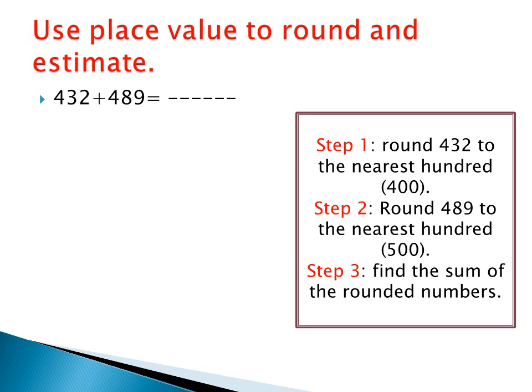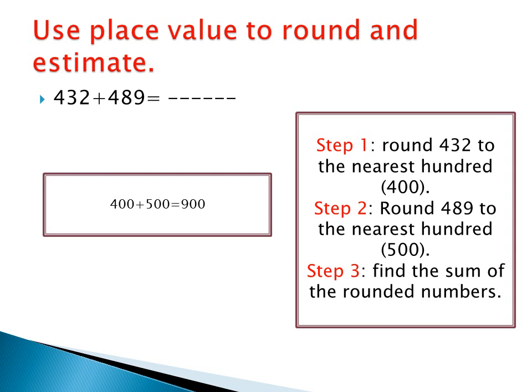Step 1. Round 432 to the nearest hundred. 432 is between 400 and 500, but it's closer to 400 than it is to 500. So I will round 432 to 400. Step 2. Round 489 to the nearest hundred. 489 is between 400 and 500, but it's closer to 500.